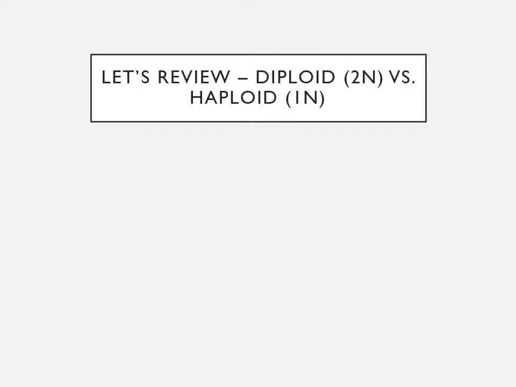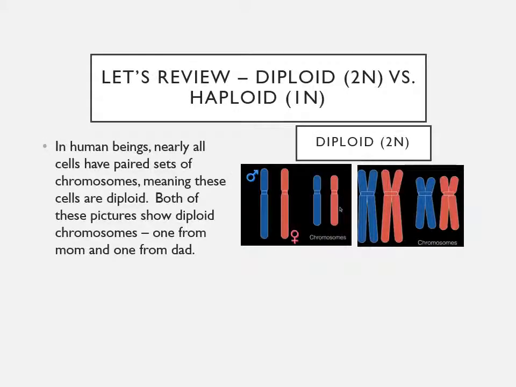So let's talk about what diploid, which we call 2N or two sets of chromosomes, versus haploid or one set of chromosomes, what those terms mean and what that looks like. So in human beings, nearly all cells have paired sets of chromosomes. You have one from dad and one from mom, again, for each of the 23 pairs.